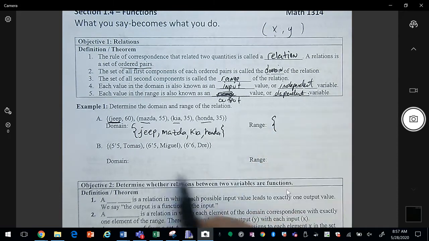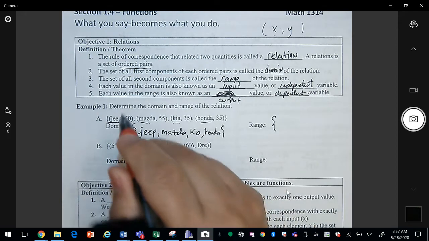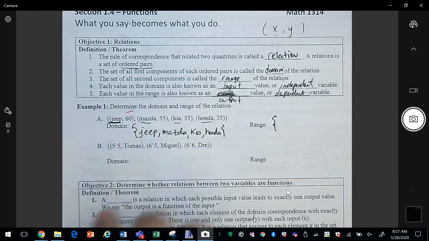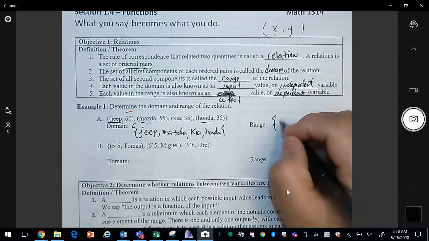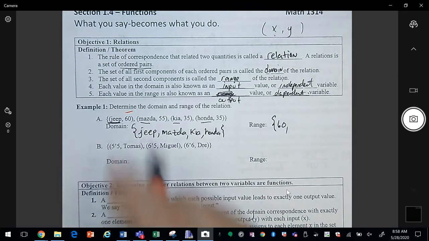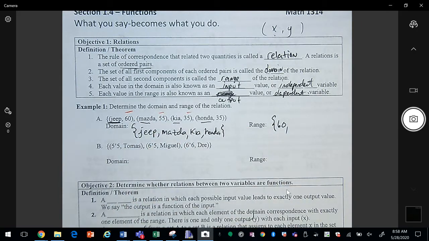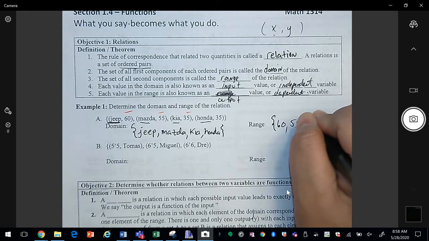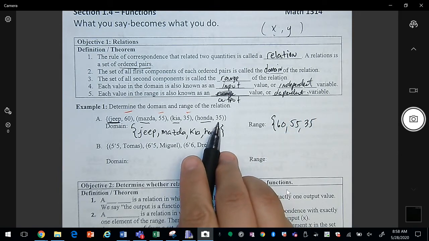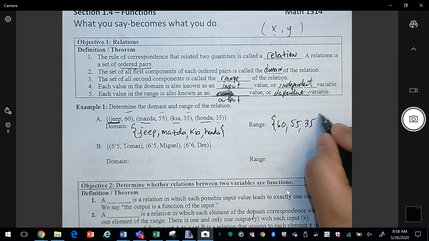Your range is the second components. In this case, we have 60, 55, 35, and notice that 35 appears again. You just need to write it once.